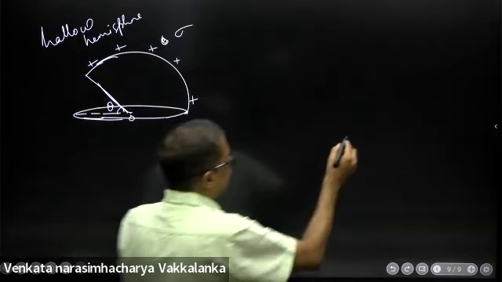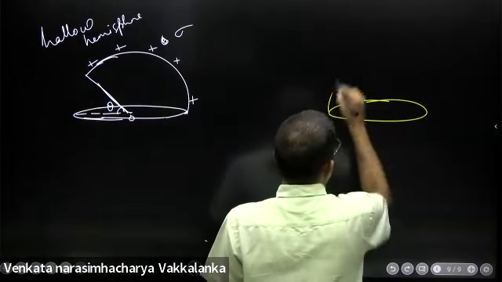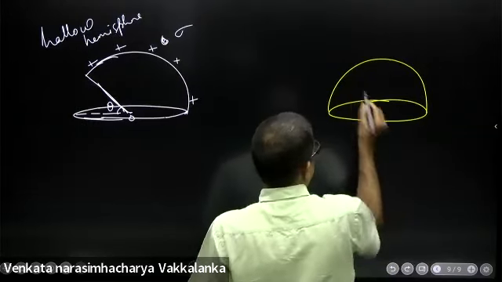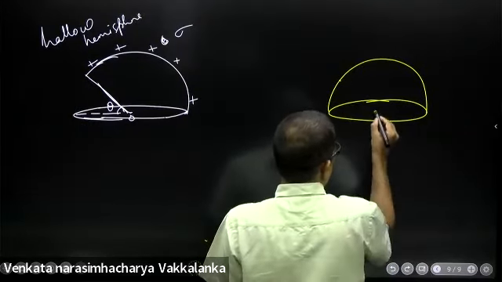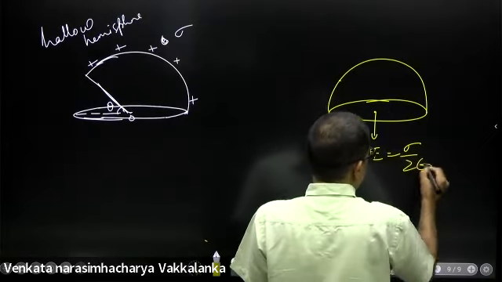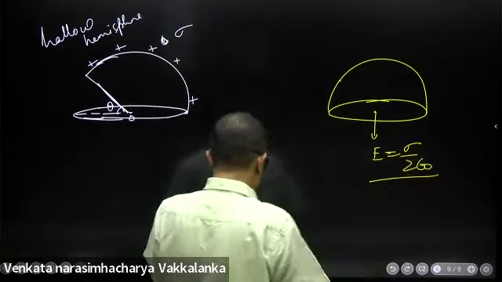First of all, do we know the net field due to the hemisphere at this particular point? Sigma by 4 epsilon naught. Sigma by 2 epsilon naught. Do I have to derive this?